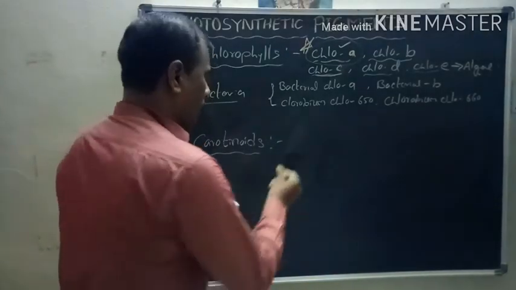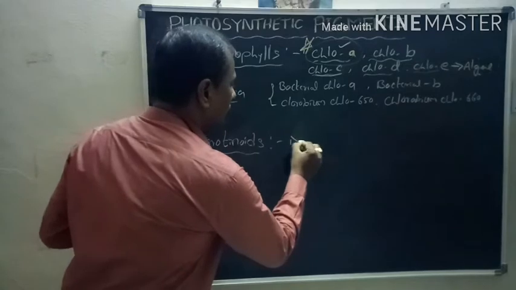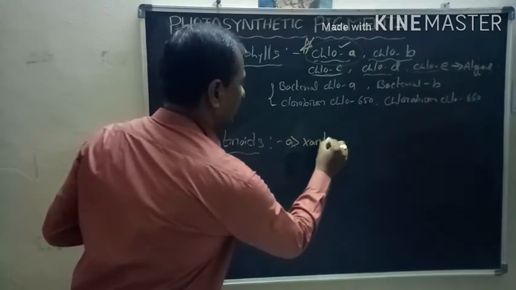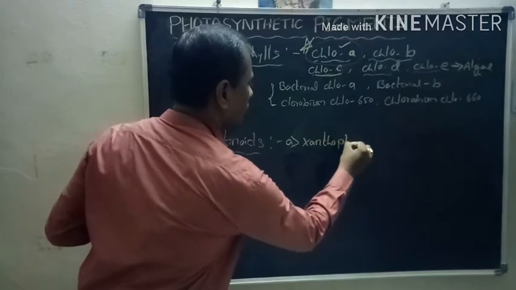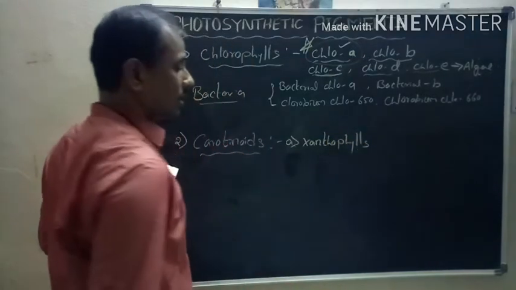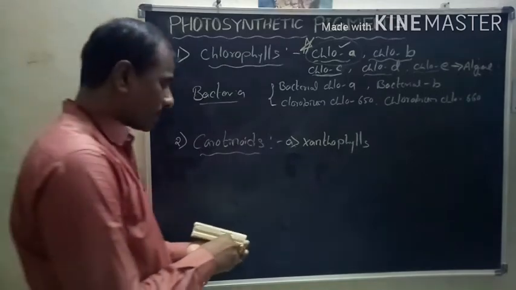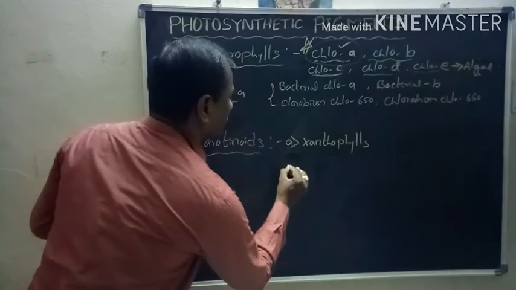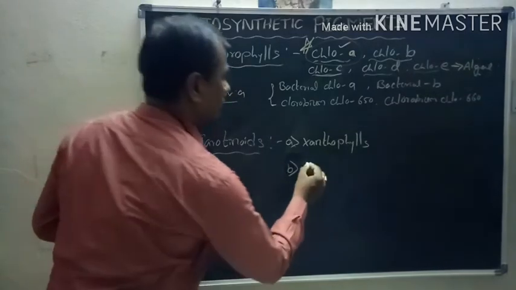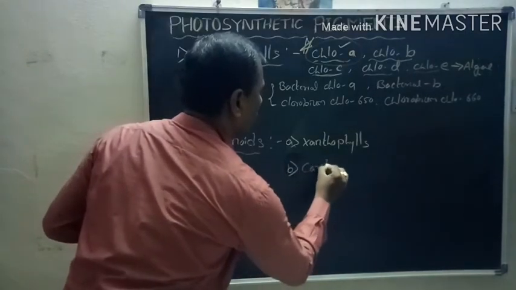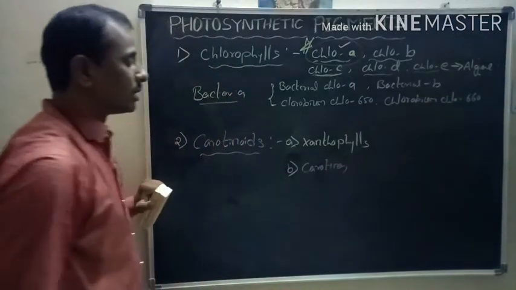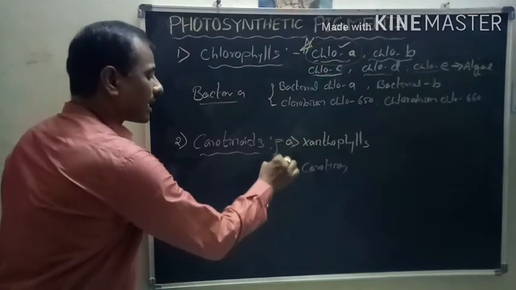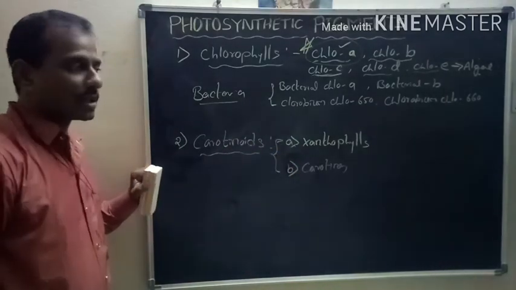One is xanthophylls, and the second one is carotenes. Xanthophylls and carotenes, both are called carotenoids.